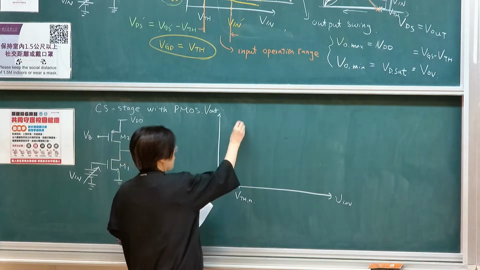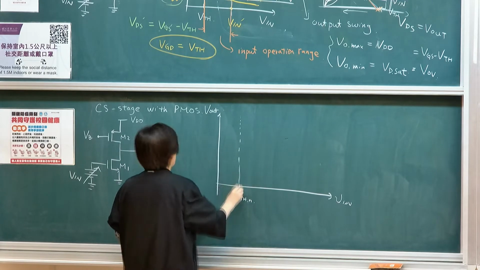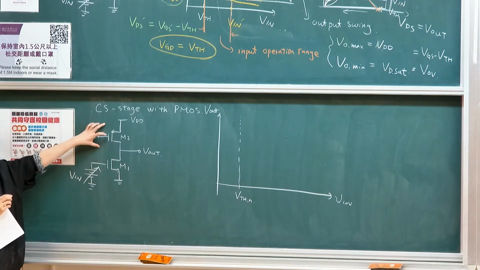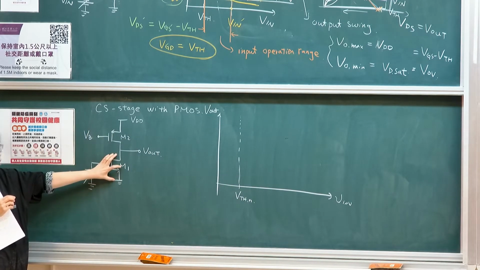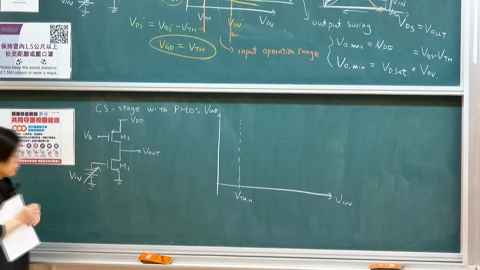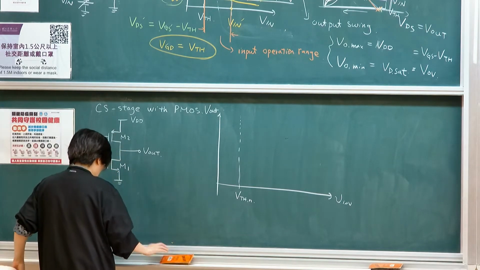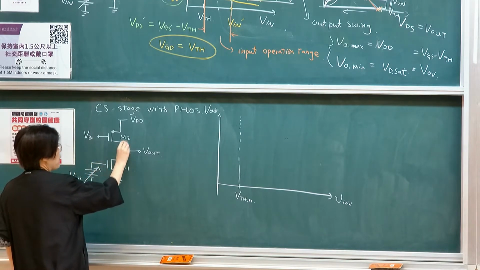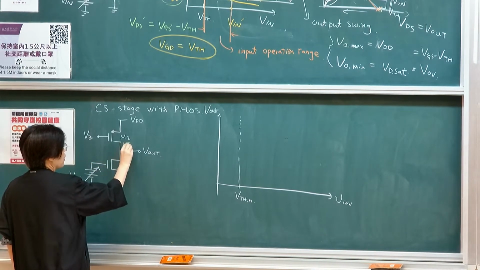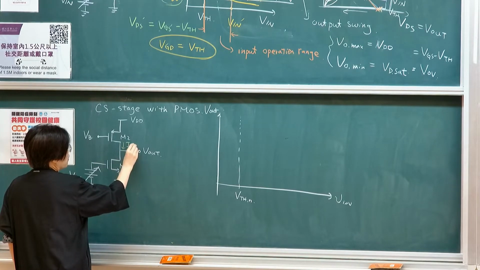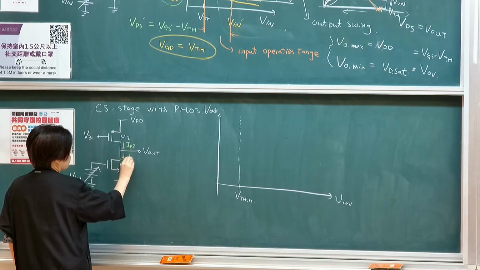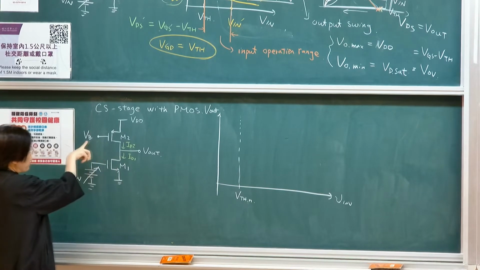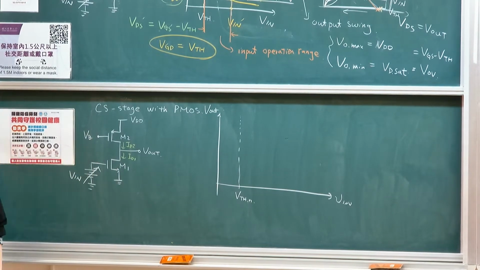So remember, before this transistor turned on, the current coming down, if you think about it, it's like a CMOS logic example. So what happened is that ID2 equals ID1.